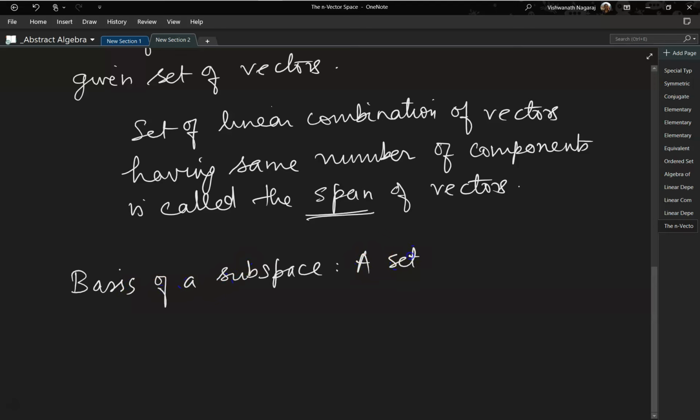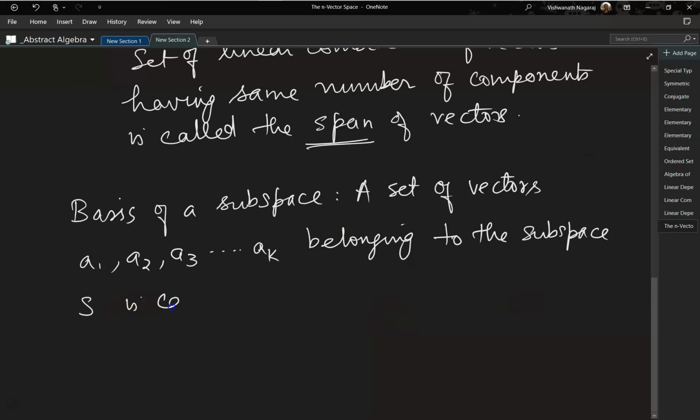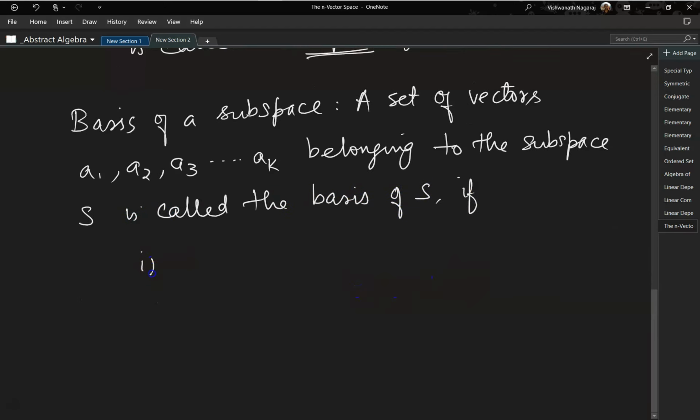So a set of vectors A1, A2, A3, AK belonging to the subspace S is called the basis of S if two conditions are satisfied: the subspace S is spanned by the set A1, A2 and so on up to AK, and the second condition is the vectors are linearly independent, right?